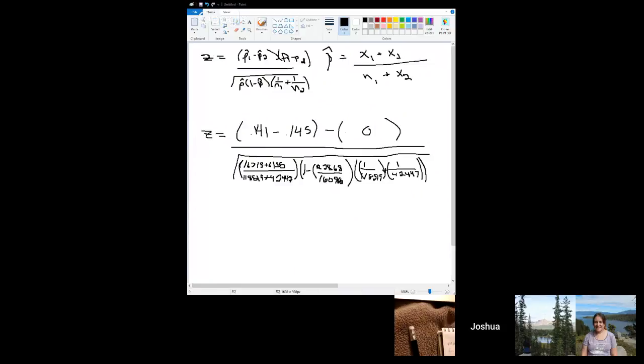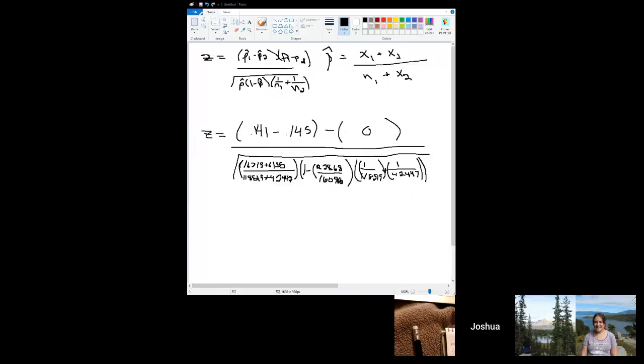Or the z-score, sorry. Is it the negative 2.020? Yes. That's what you got for your z-score? From the Excel sheet. Negative 2.020. Yeah.